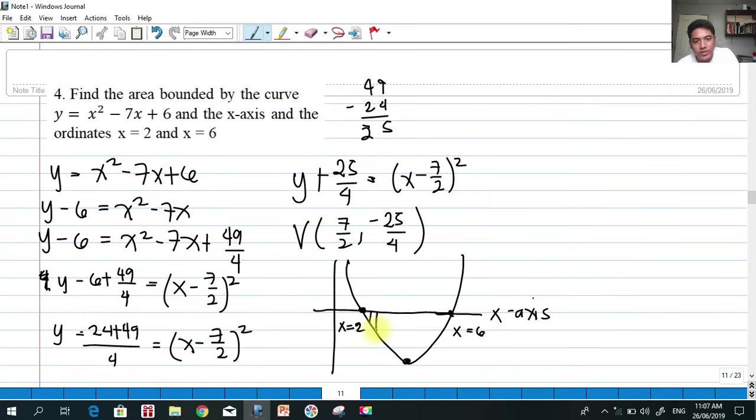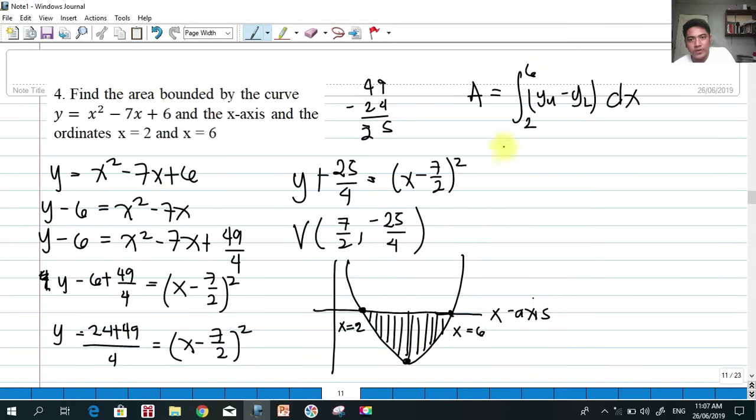So the point of interest of our area should be this. And in this case, what are we going to use? We are given limits from x equals 2 to x equals 6. So we have to definitely use dx here. If we use dx, we are going to use a vertical strip: y upper minus y lower.